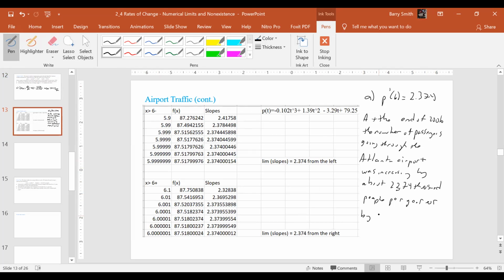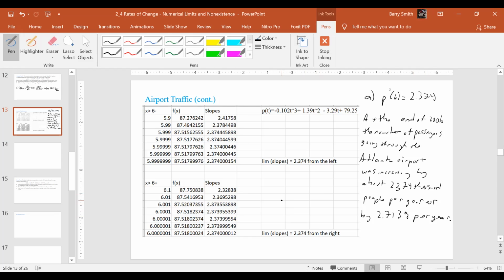Or by 2.713% per year. So we kept it as the people, and then we also converted it to the percent rate, and we can have both of them, and that way we don't have to write those two sentences. It's the same thing, except we're just saying it's this or that, so it works either way.